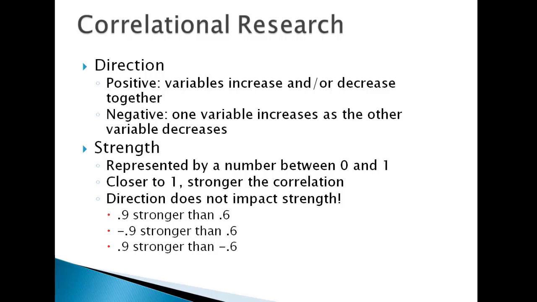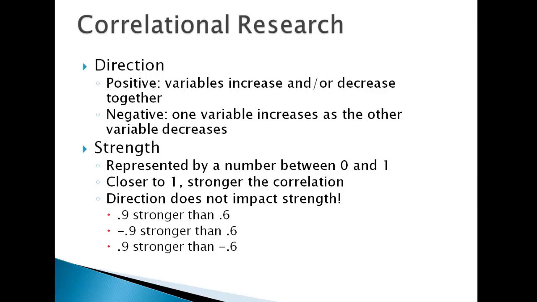So if I know the correlation between class attendance and grades, then I can take a student's attendance and predict their grade. Or I can take their grade and predict their attendance. This is intended to be helpful, but it's only helpful if we have correlations of a certain strength. So the strength is going to be represented by a number between 0 and 1. Correlation can be anywhere between 0 and 1.